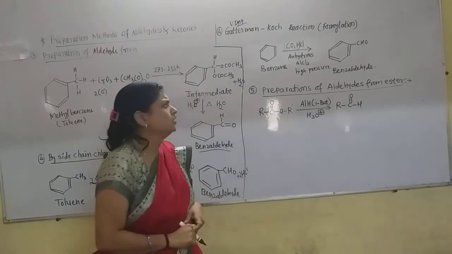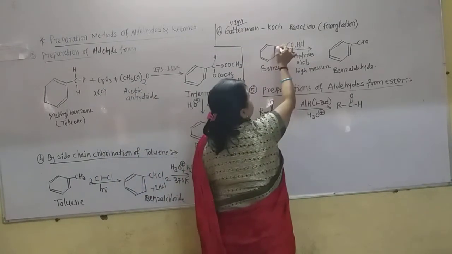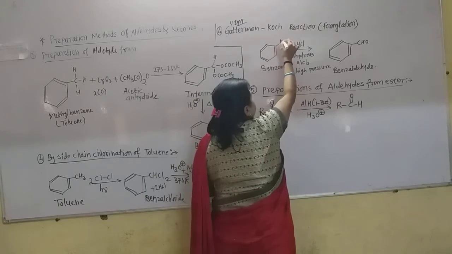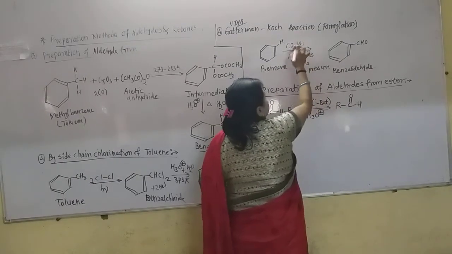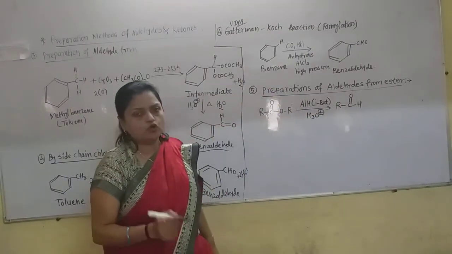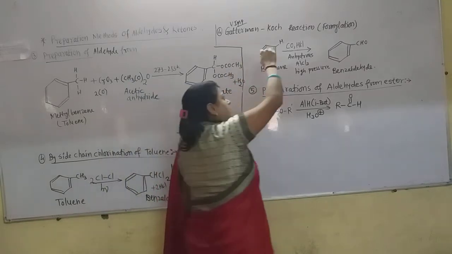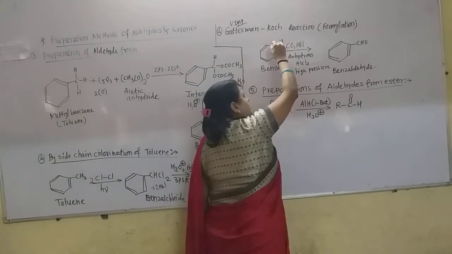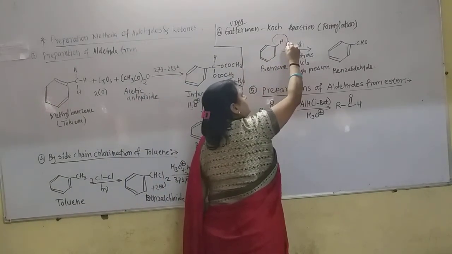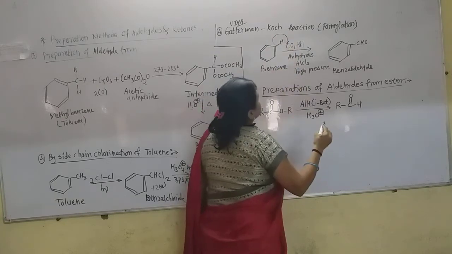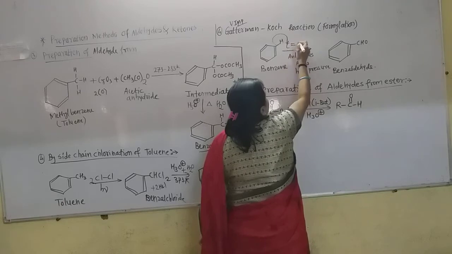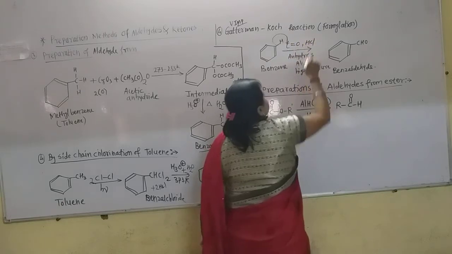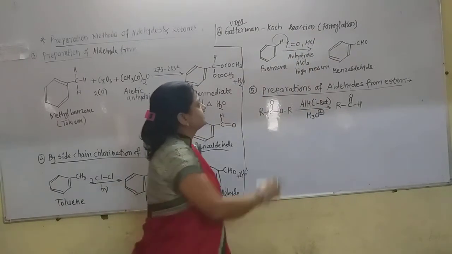We know that. Now see, here is the hydrogen, and this is the carbonyl group, CO, carbon monoxide, C double bond O. In the presence of HCl, this reaction is carried out.